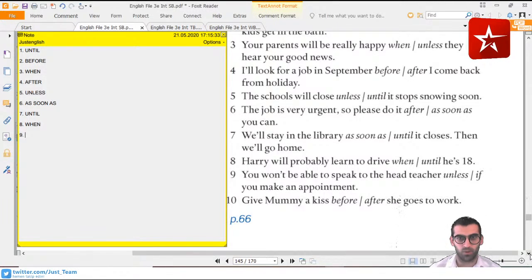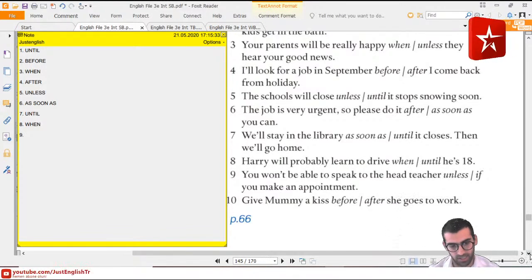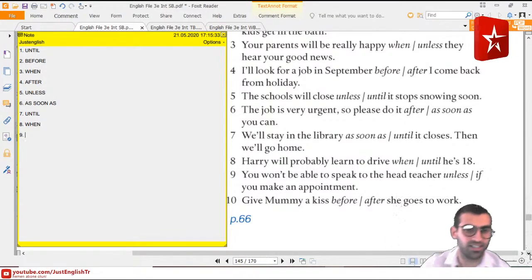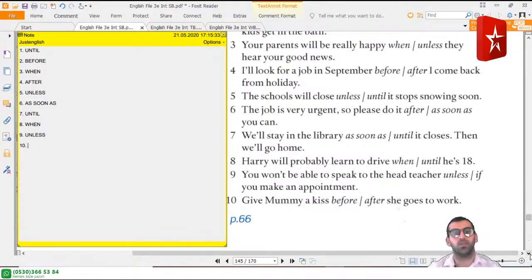Number 9, they say unless or when. Yes, number 9, unless is a correct answer. Like if you don't make an appointment, you won't be able to speak to the head teacher. Yes, you have to have an appointment. The doctors are the same. Like if you want to go to a hospital, you have to make an appointment.